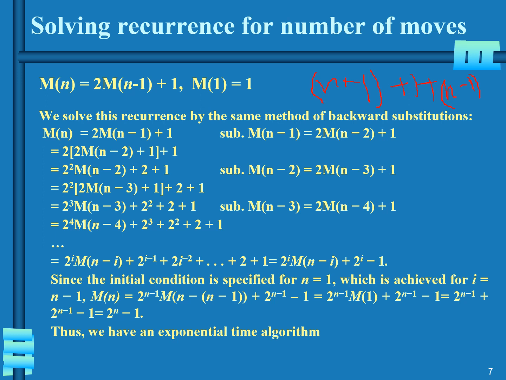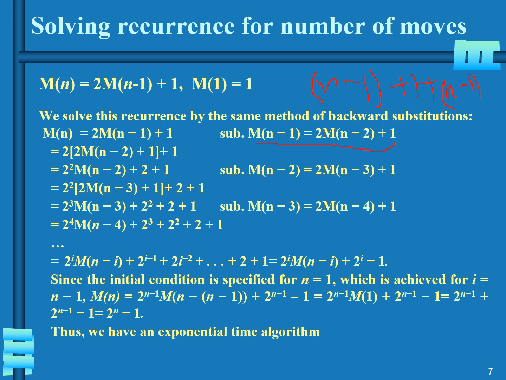Again, you substitute the value for m of n minus 1. Here you substitute n equal to n minus 1. So 2 m of n minus 2 plus 1. So m of n minus 1 is equal to 2 into m of n minus 2 plus 1.